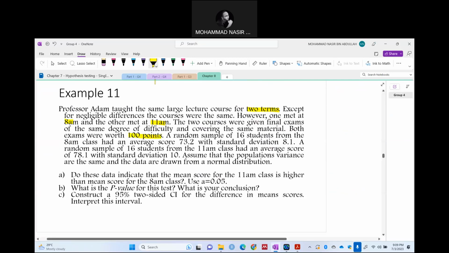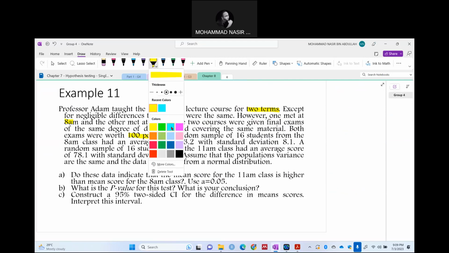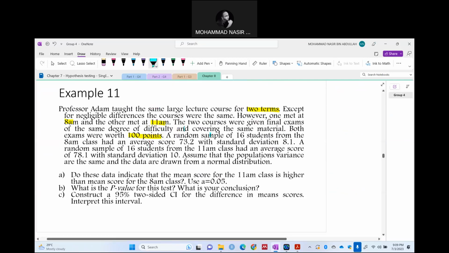So a random sample, now this is the point. The random sample of 16 students from the 8 a.m. class had an average score of 73.2 with standard deviation 8.1.